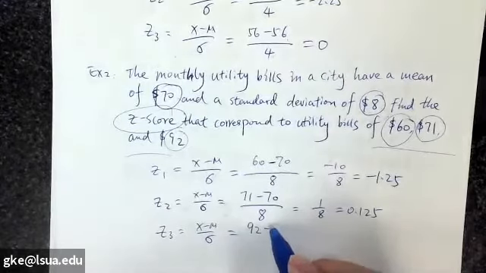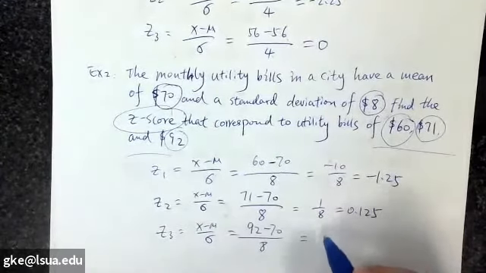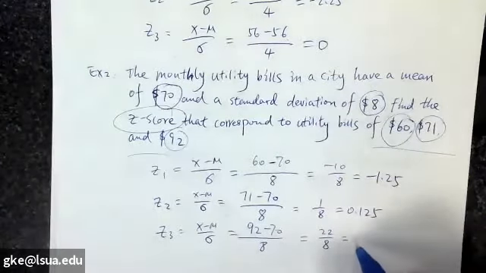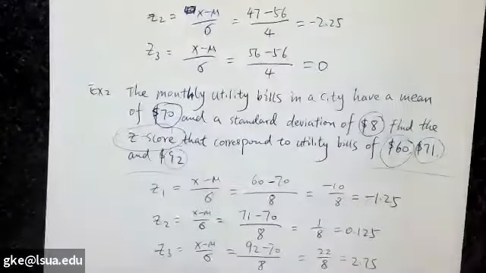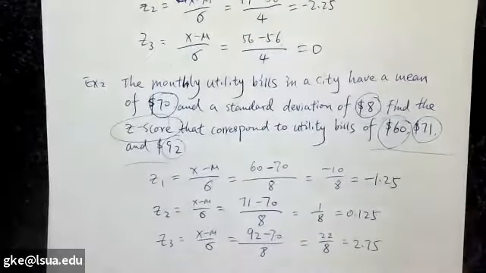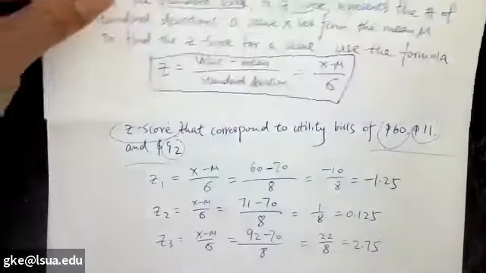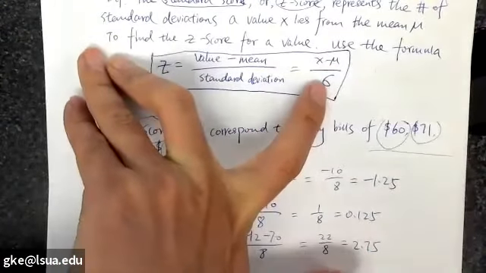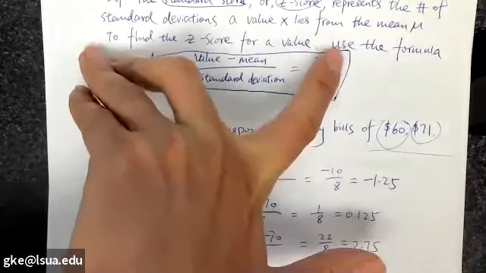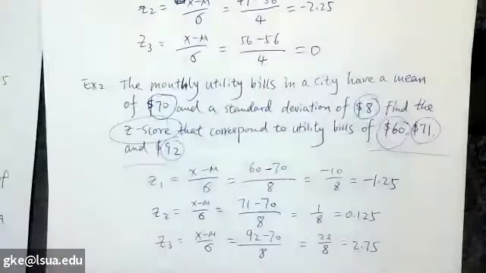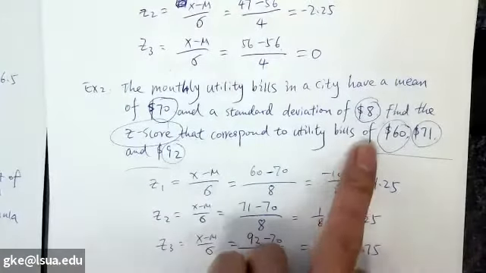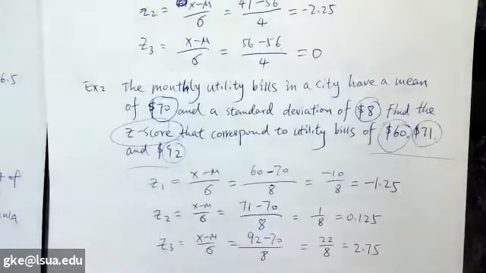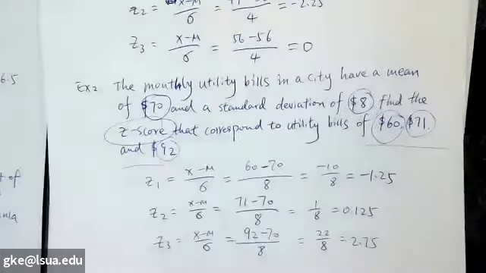Plug in 92, subtract the mean, divided by sigma. That is 22 divided by 8 equals 2.75. That's it. I think it's not too hard as long as you understand the meaning of the z-score. The mu is the mean, and the denominator is sigma. Plug in these two, and then you can calculate the z-score for each x value. That's it. Now let's continue.